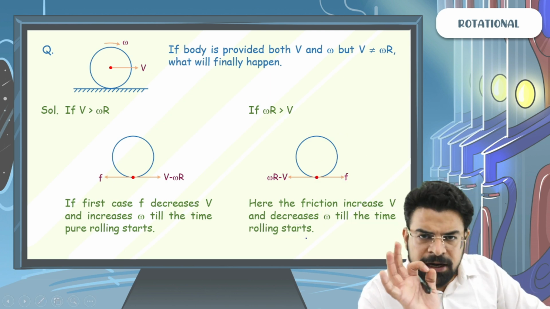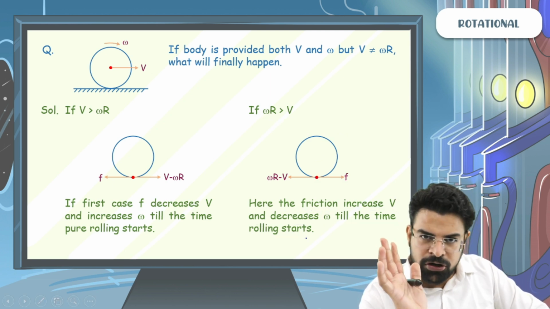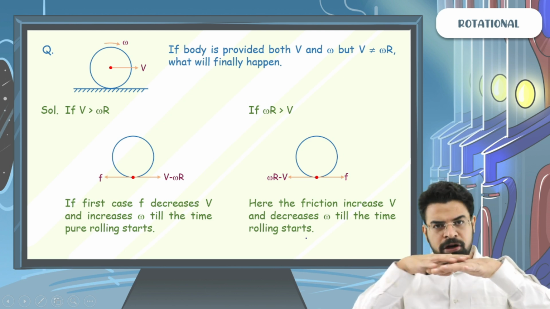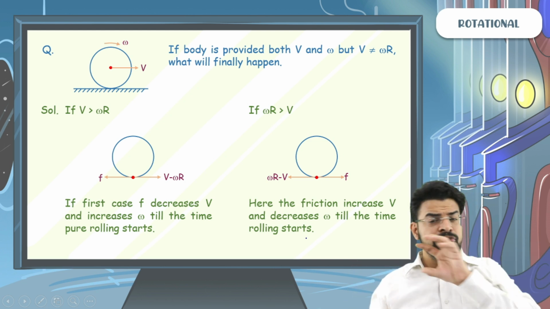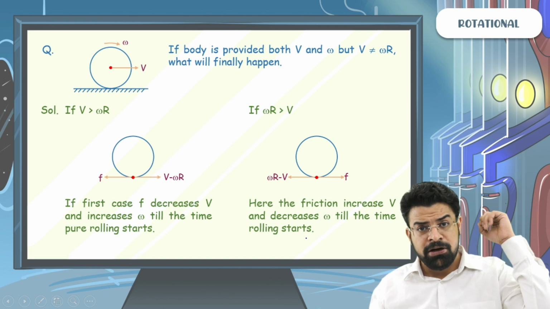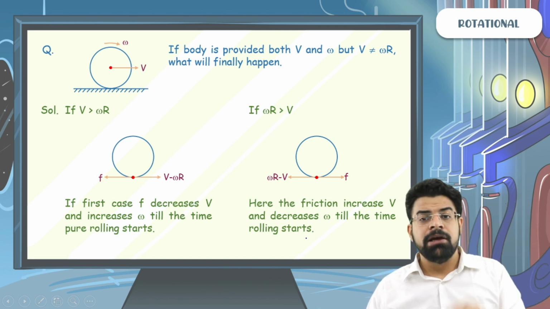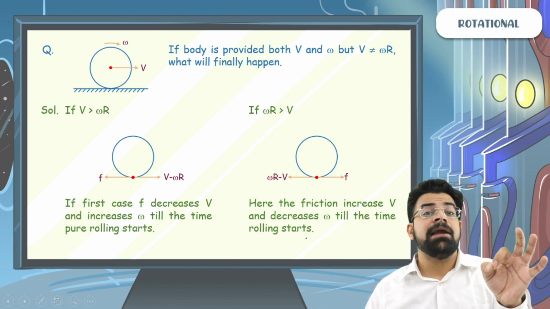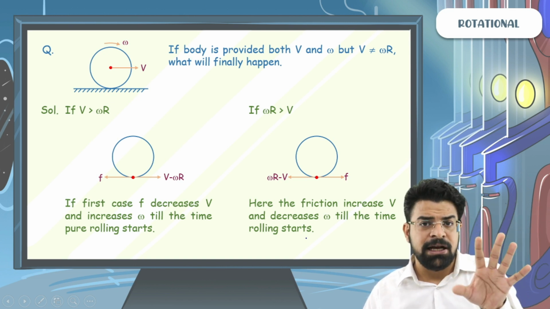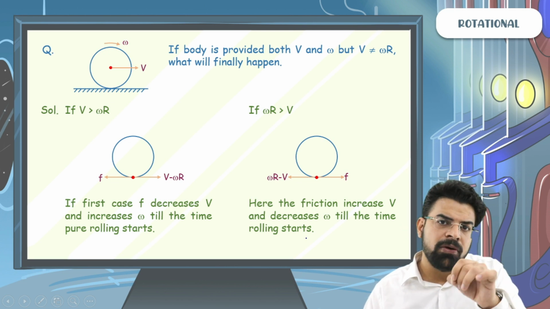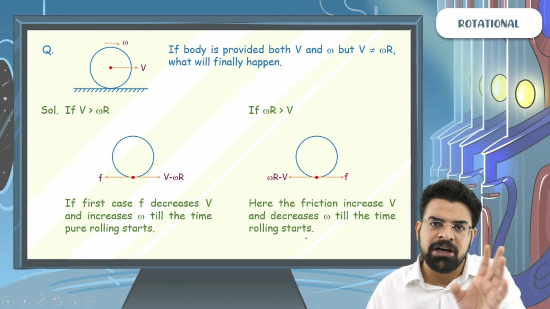So sir, what are you trying to say? You take a circular object, place it on a rough surface. Whether you give it velocity, it will ultimately do pure rolling. Whether you give it omega, it will ultimately do pure rolling. If you give certain velocity, certain omega, such that it is not doing pure rolling right now, the friction will act and after some time it will do pure rolling.